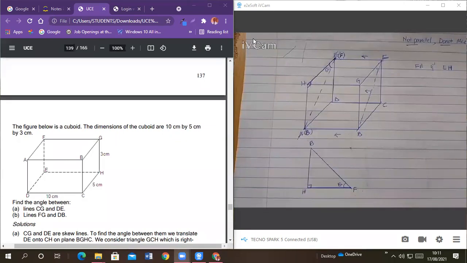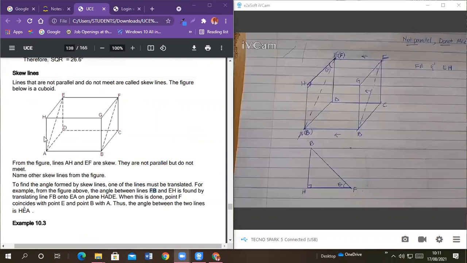Why doesn't the B go down and the F go up?